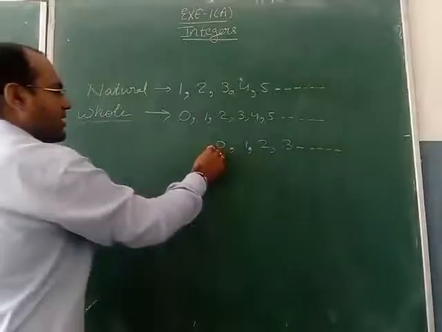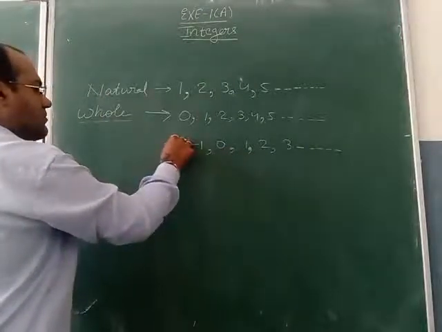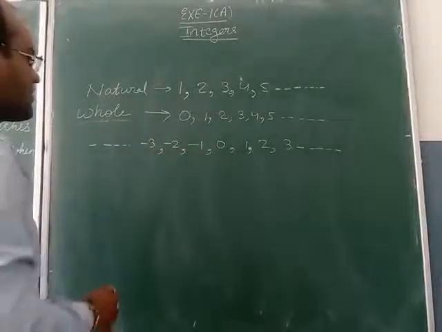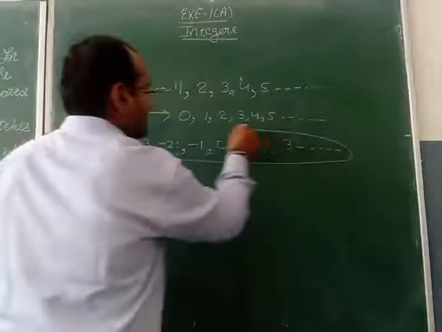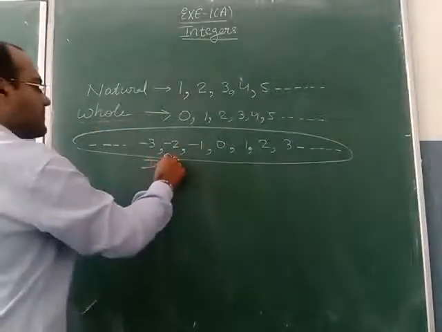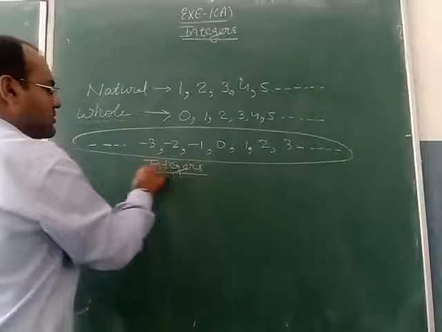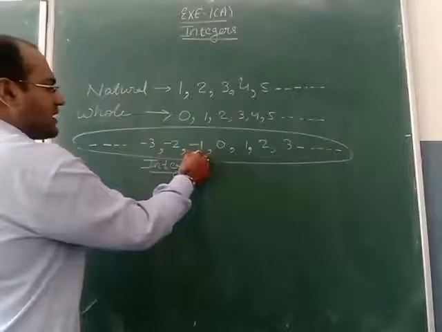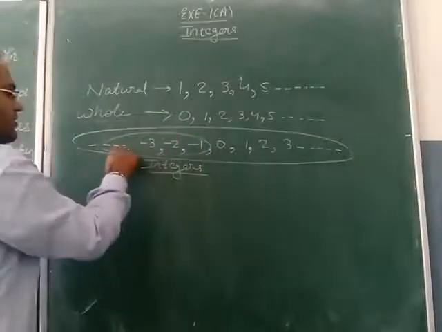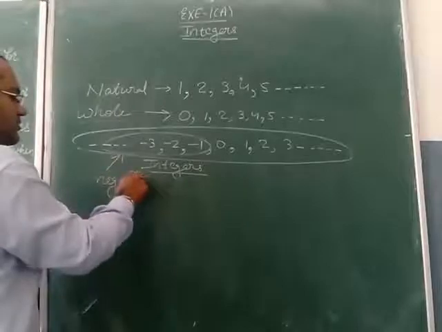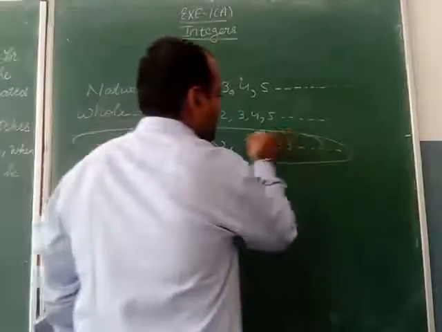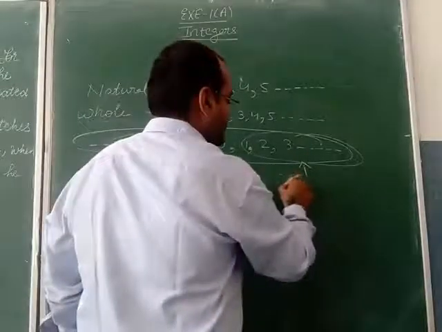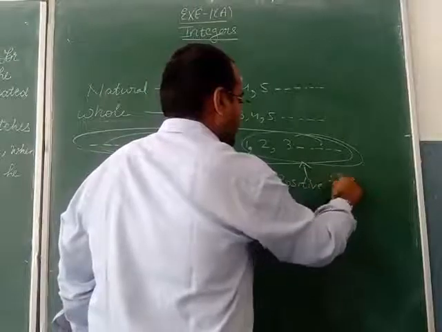If we take minus numbers also, along with the positive numbers 0, 1, 2, 3 and so on, minus 1, minus 2, minus 3 and so on, such numbers come under the category of integers. These all are integers. Integers which have a minus sign are known as negative integers, and those which have a plus sign are known as positive integers.